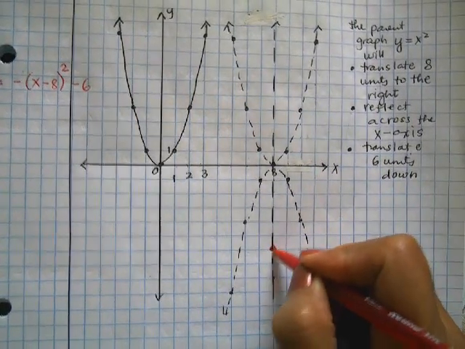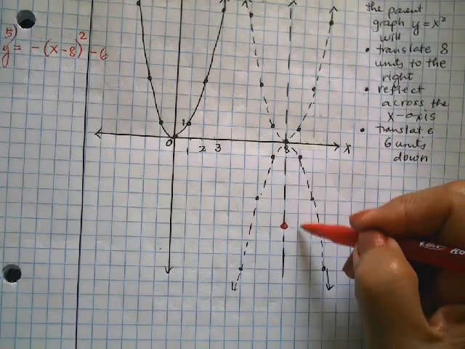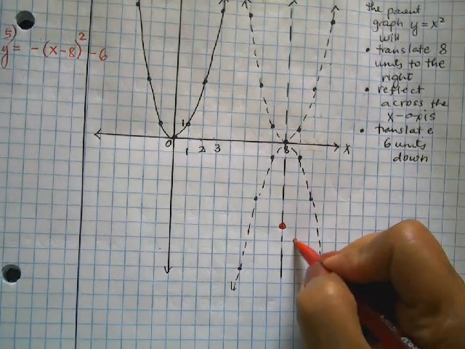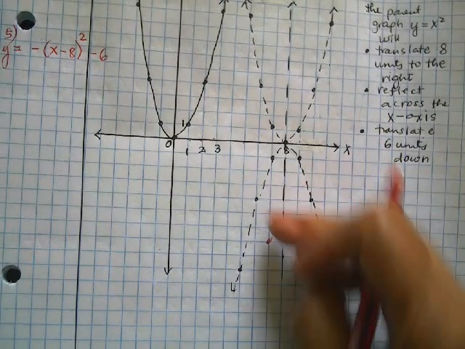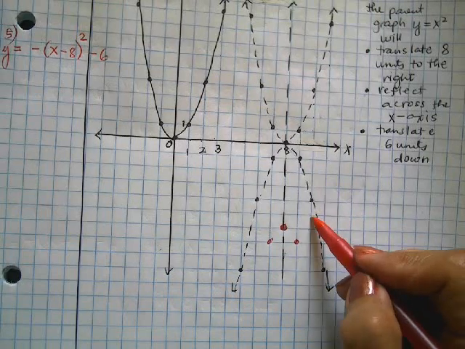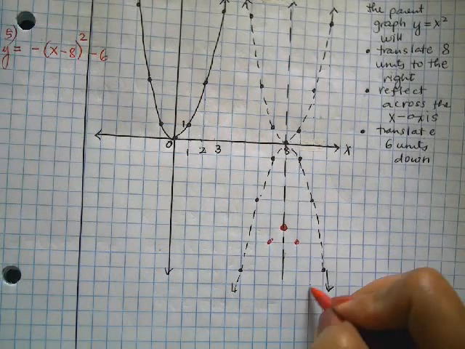So this is now our vertex. And we will just move every point 6 units. Okay, so I'm just building my parabola here. This one I'm going to move 6.